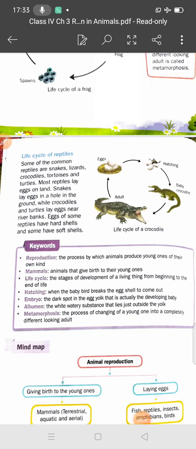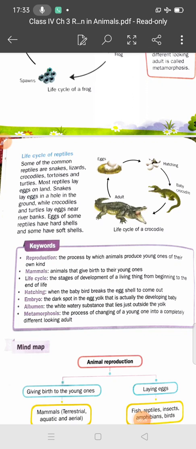I think you have seen the egg of the lizard or the crocodile. The eggs of some reptiles have a hard shell and some have a soft shell. What are examples of reptiles? Snake, lizard, crocodile, tortoise, turtle.